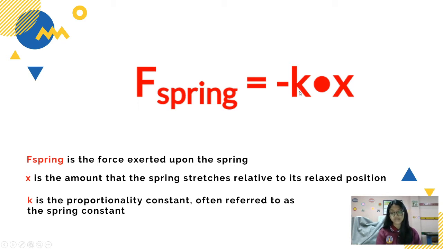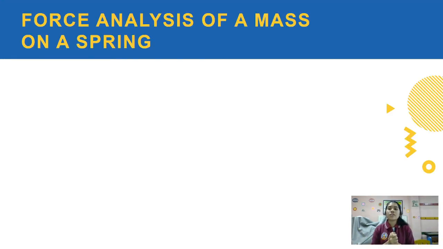The negative sign in this equation tells us about the direction: the stretch of the spring is opposite the direction of the force which the spring exerts. Okay, now I want to present the force analysis of a mass on a spring.